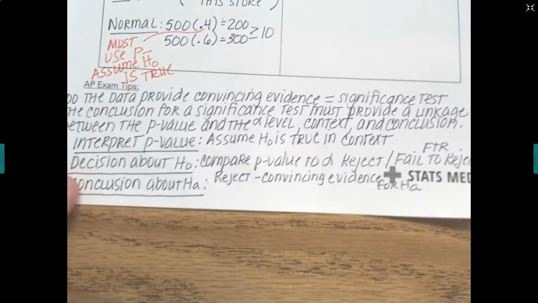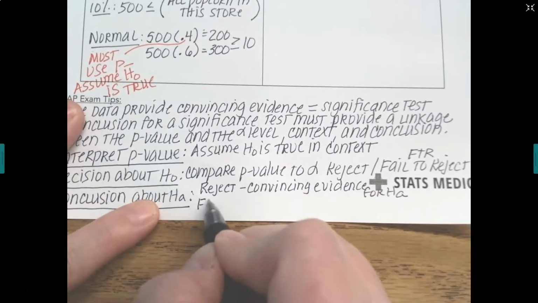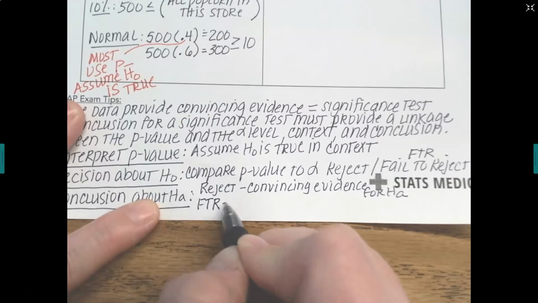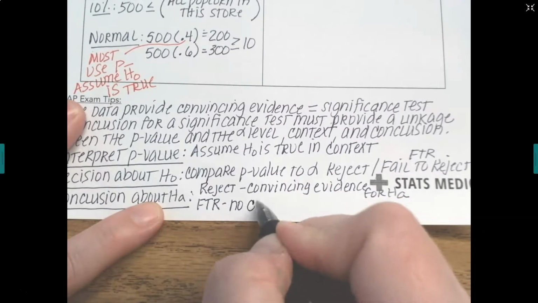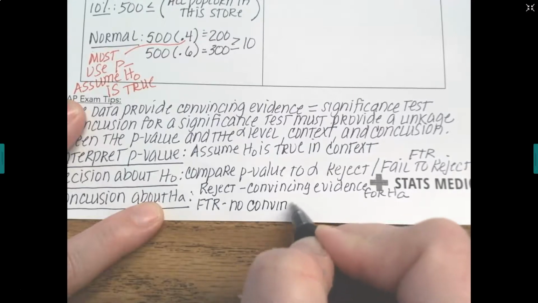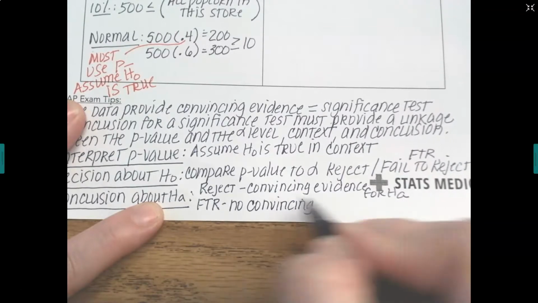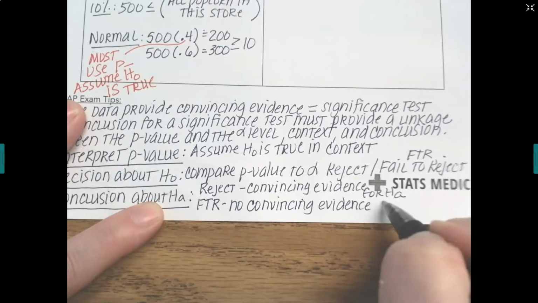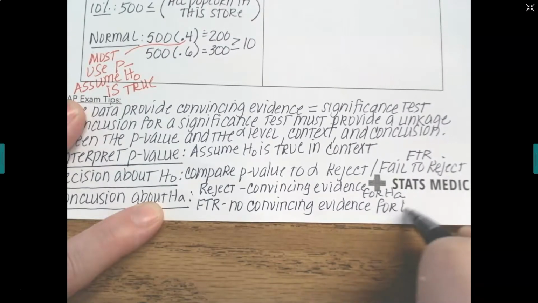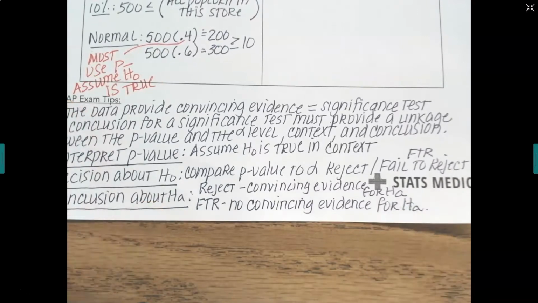Okay, if we failed to reject, so I'm just going to put FTR, failed to reject, there's no convincing evidence for the alternative. If you include all 3 of those, you should not be losing any points for that, so you should be in a really good spot.